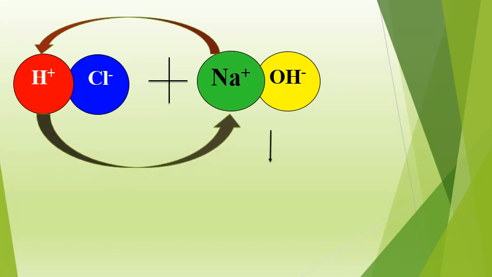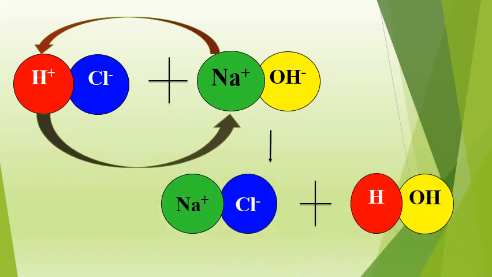As a result, you get sodium chloride. So the sodium ion has replaced the hydrogen ion and formed the compound sodium chloride. This compound is called a salt. Now this is called complete replacement. Why? There was only one hydrogen ion in this acid molecule and that hydrogen ion has been replaced.